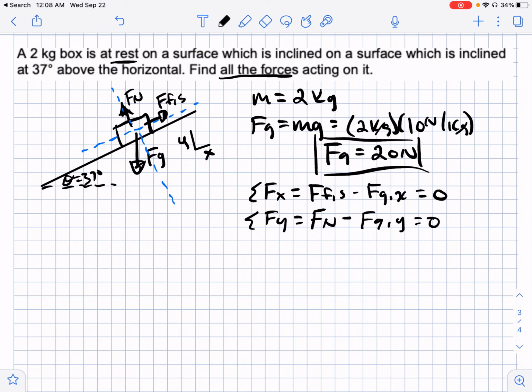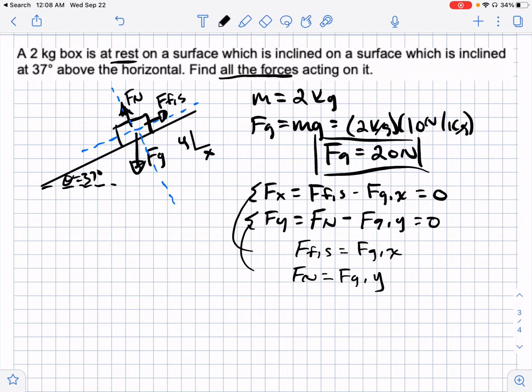And so what we can draw from these two equations, using this net force in the x direction, we know that the friction is just going to be equal to Fgx. And from the y, we know that the normal force is going to equal Fgy.